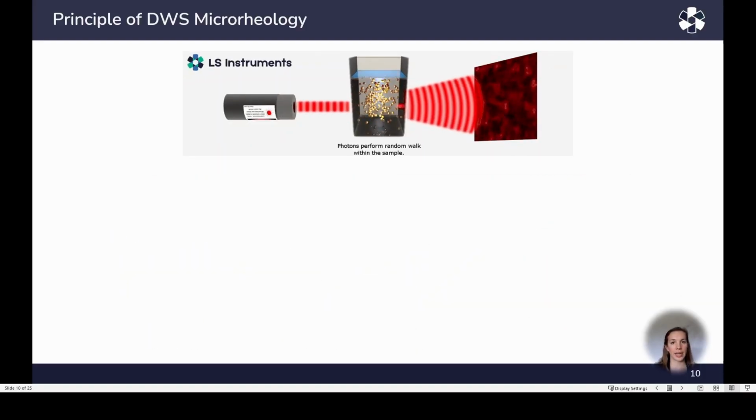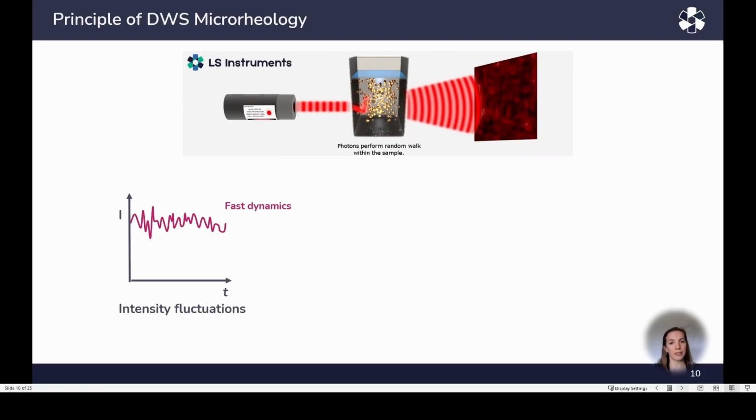The position and shape of the mean squared displacement curve give a lot of insightful information about the sample's behavior and rheology. The fluctuations in intensity give information about how fast the particles are moving and also how far they can move. If the sample is Newtonian but highly viscous, the particles will move slowly, but their motion is not hindered.